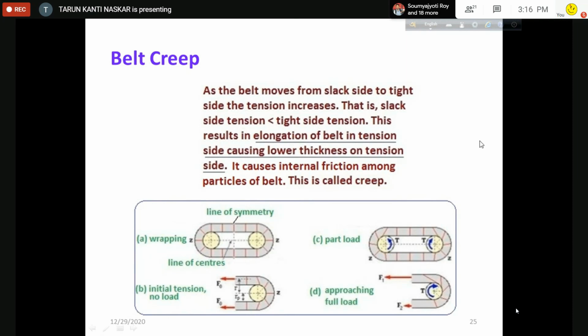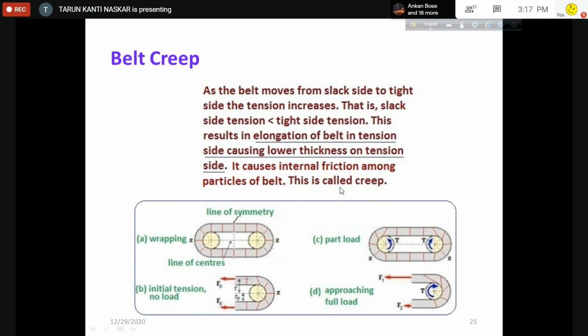Slack side tension is less than tight side tension, obviously. So this results in elongation of the belt on the tension side, causing lower thickness on the tension side. That means elongation, thickness will be lower, and this causes internal friction among particles of the belt. This is called creep.